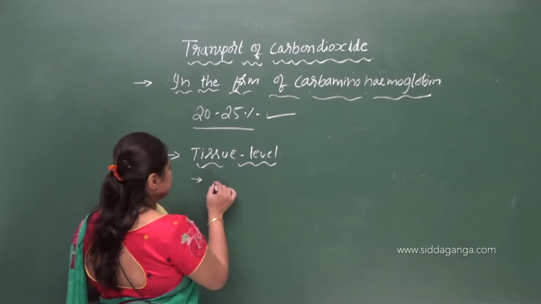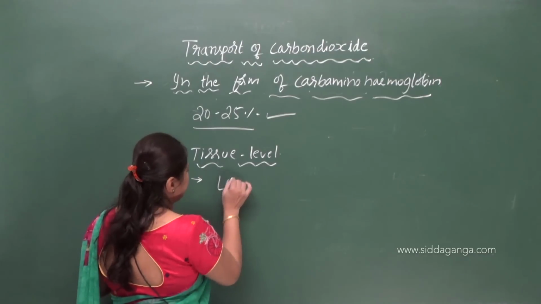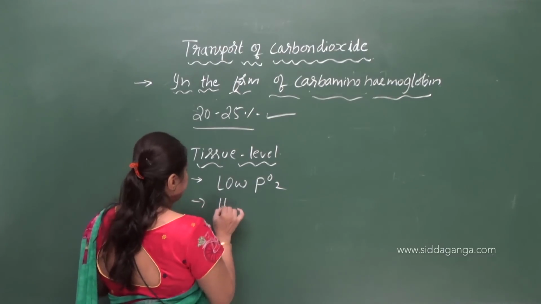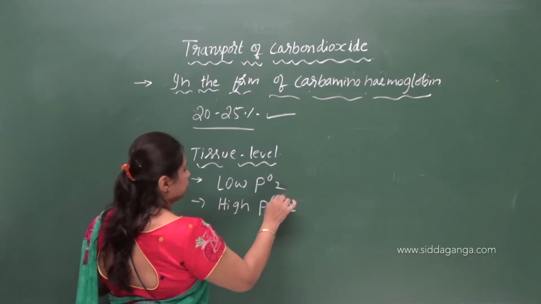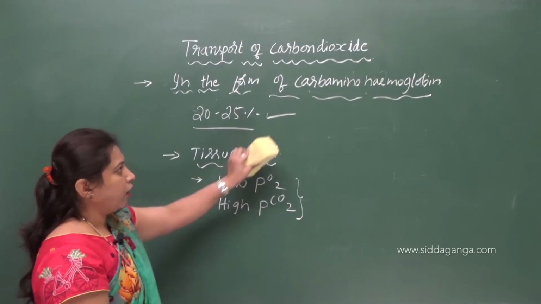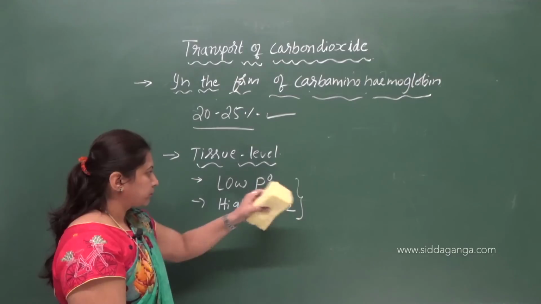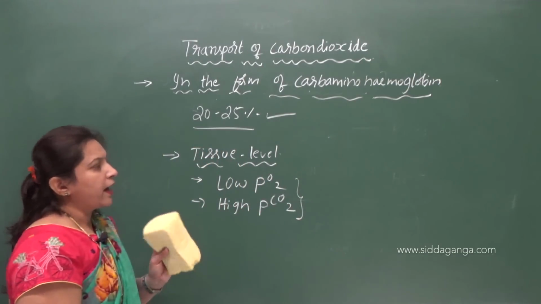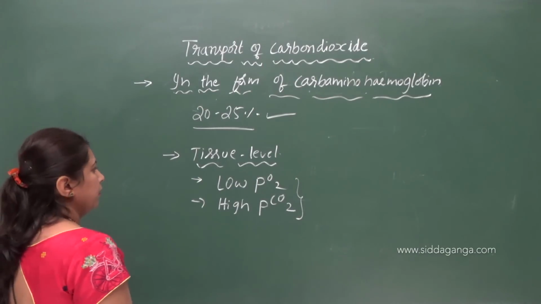So in the tissues, the partial pressure of oxygen is low and the partial pressure of carbon dioxide is high. These two factors favor the formation of carbaminohemoglobin, that is, the binding of carbon dioxide with hemoglobin.